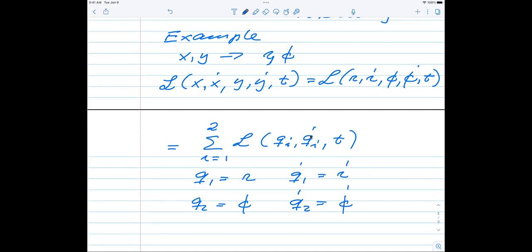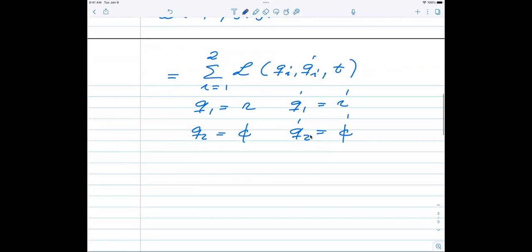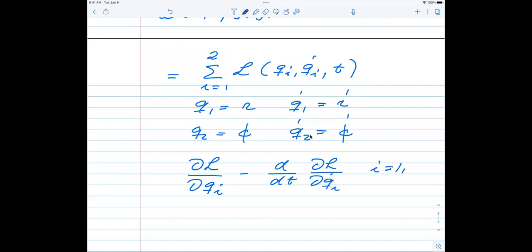Then for each one of these variables, we would have a set of equations which we solve, where we have the derivative of L with respect to q_i, minus d/dt of dL/dq_i derivative, for i equal 1 to 2.